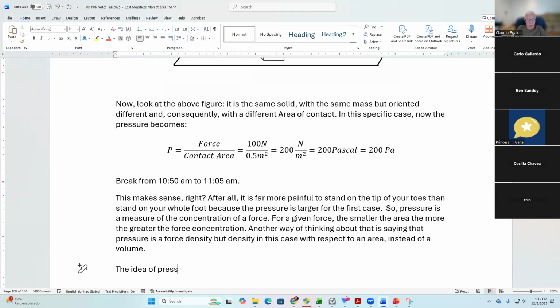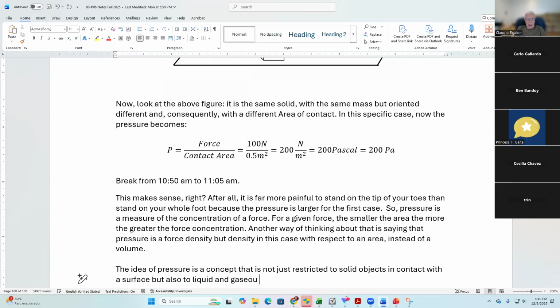The idea of pressure is a concept, okay, that's not just restricted to solid objects in contact with a surface, but also to liquids and gases, okay?